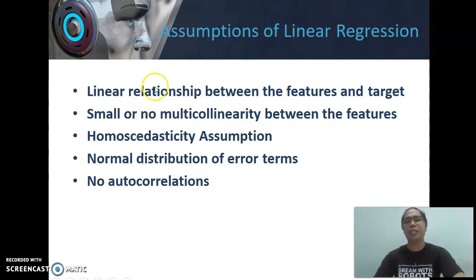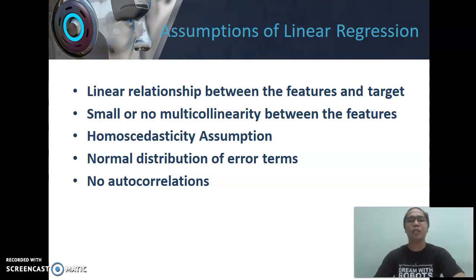Linear relationship between the features and the target means linear regression assumes a linear relationship between the dependent and independent variables. Multicollinearity means high correlation between the independent variables.